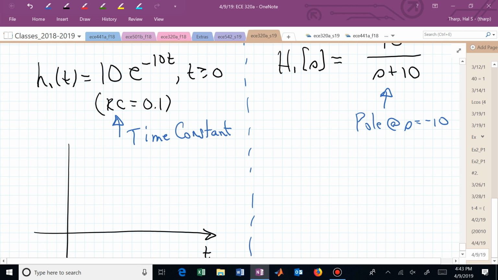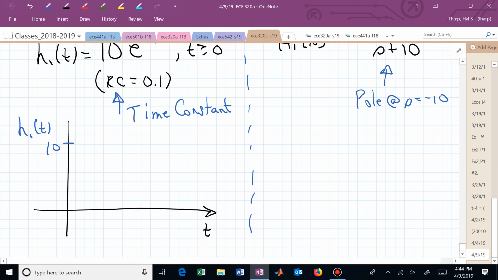At t equals 0, e to the 0 is 1. So if this is now h sub 1 of t, we start at 10 and we decay exponentially. Where are we going to draw that exponential decay? We'll be done with all that decay in 5 tau, or at half a second.